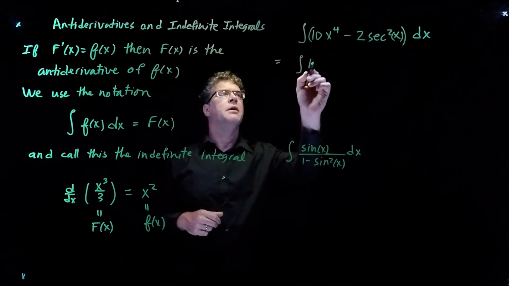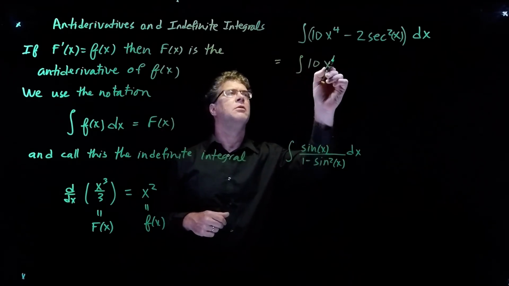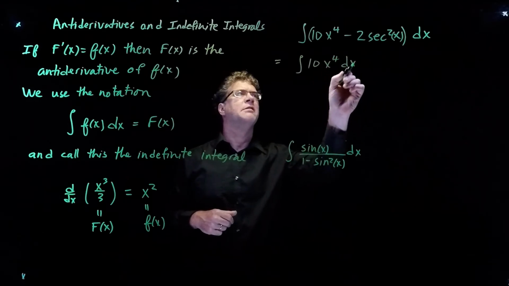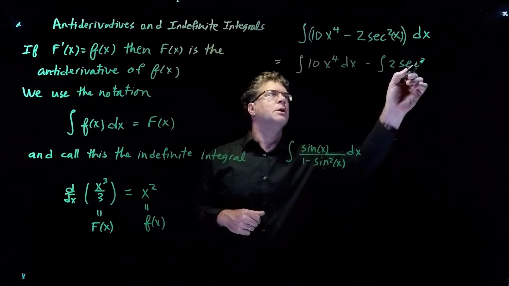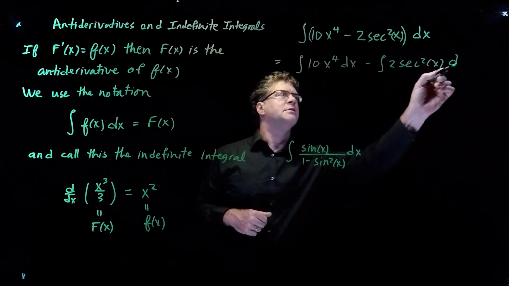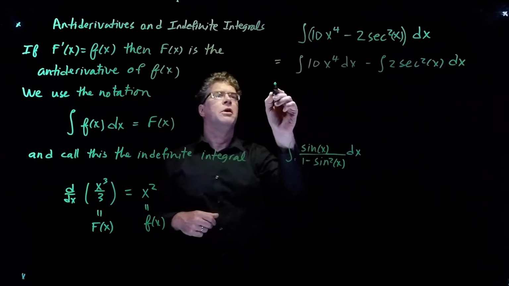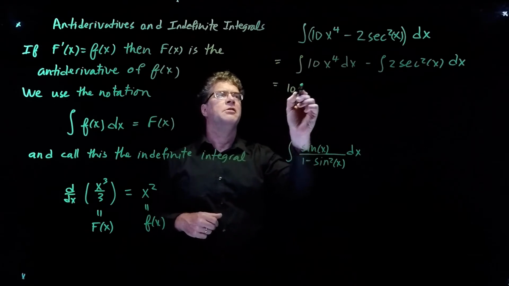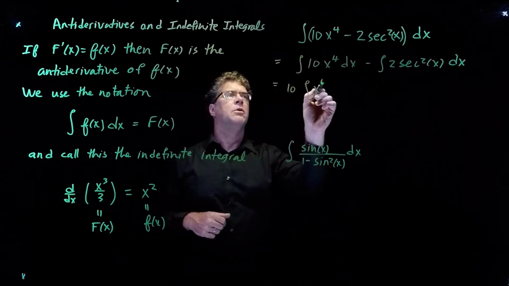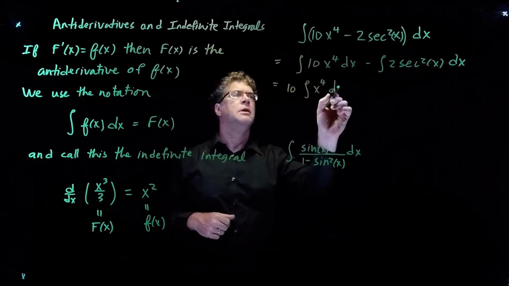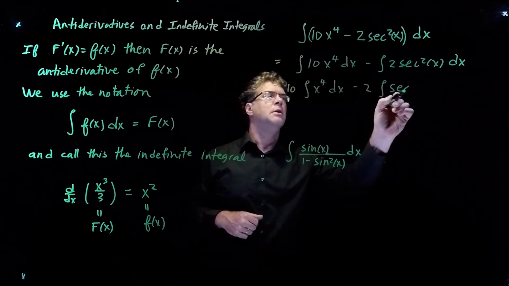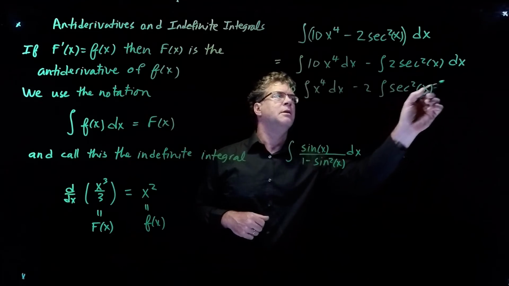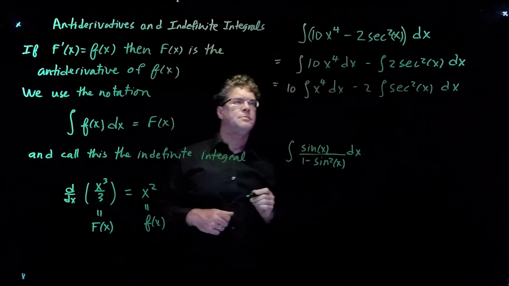And so we can write this as the integral 10x to the fourth dx minus the integral 2 secant squared of x dx. And then we can pull out the constants. So this will be 10 integral x to the fourth dx minus 2 integral secant squared of x dx.